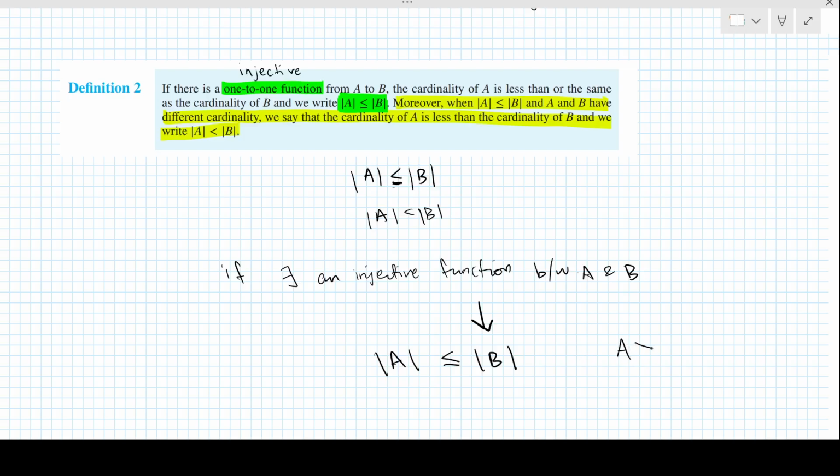So this can never hold true: A can never have more elements than B.